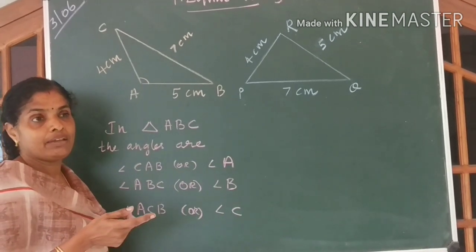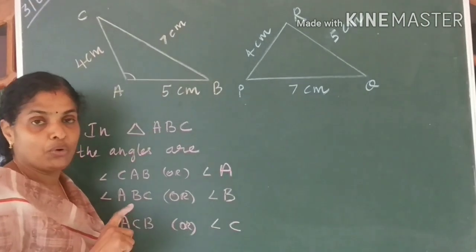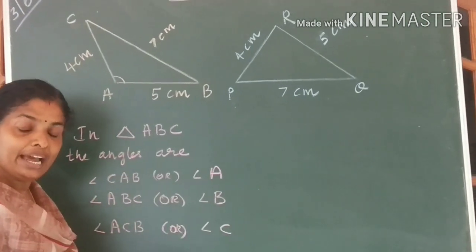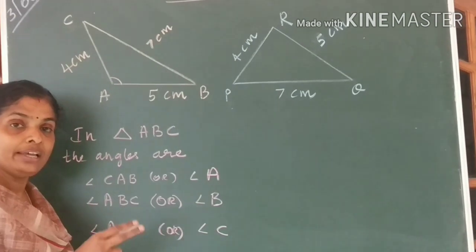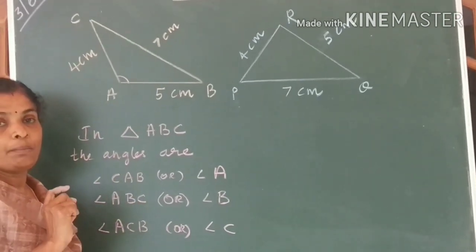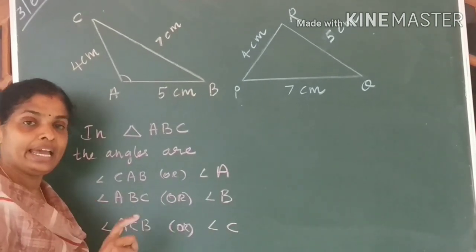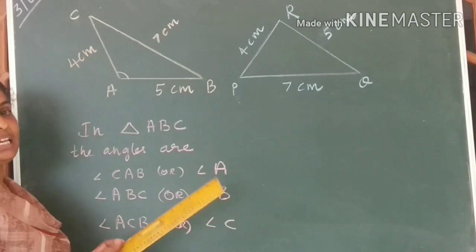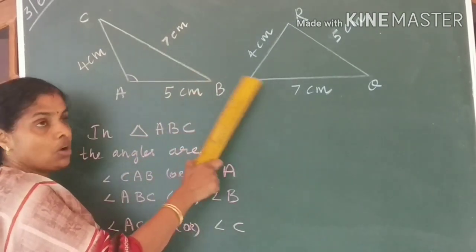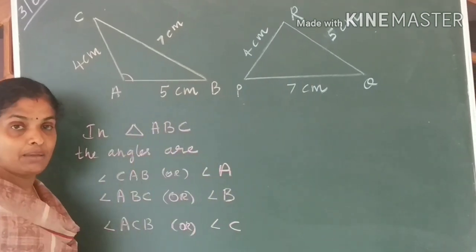Another example I will give you. If you keep a 100 rupee note over another 100 rupee currency note, they overlap each other because their shapes and size are one and the same. Similarly, here we can say the shape and size of these two triangles are one and the same.